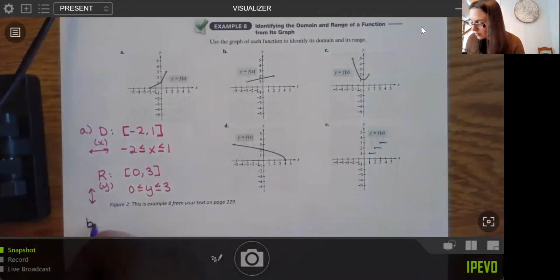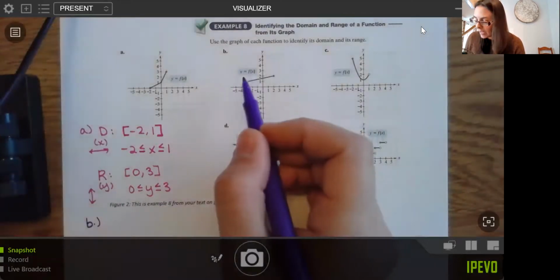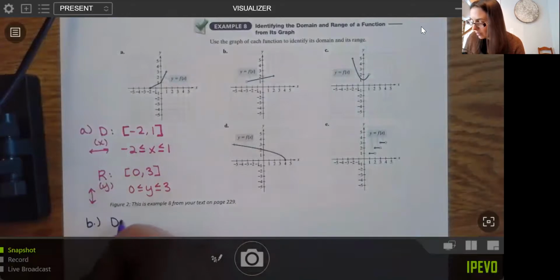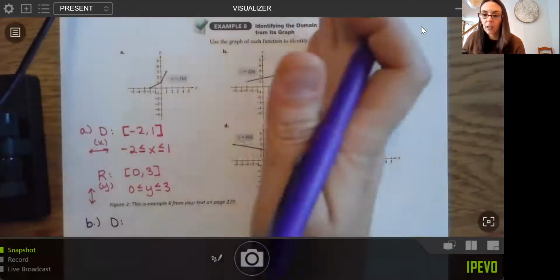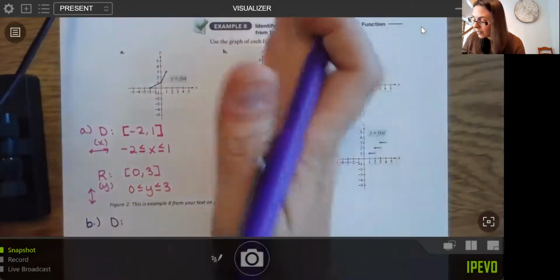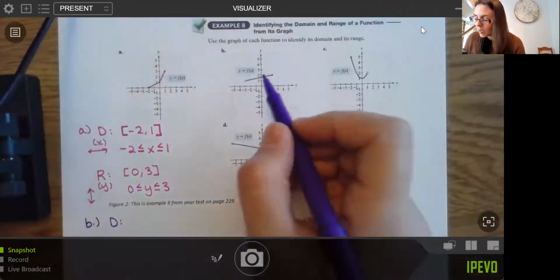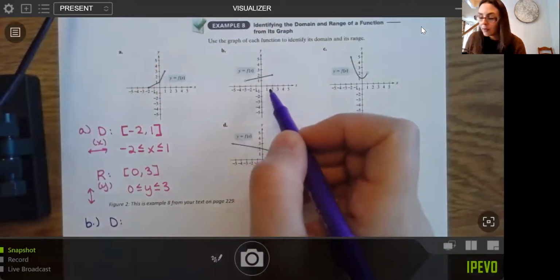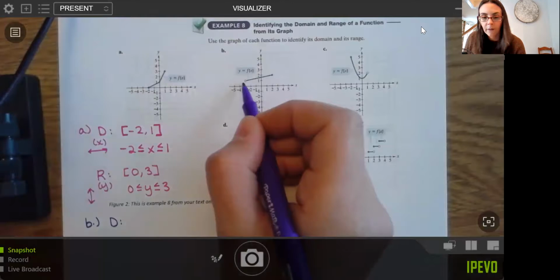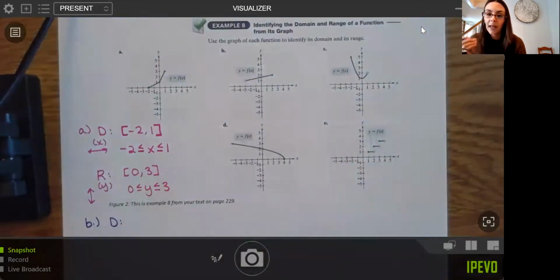Let's do the next one. So now I'm going to go ahead and do B. And again, I'm going to start with my domain here. Domain is just left to right. So only think one direction at a time. So on the left, my graph stops at -3. And on the right here, my graph stops at 2. You want to be careful. There's an open circle at -3, which means that we're not including the endpoint.